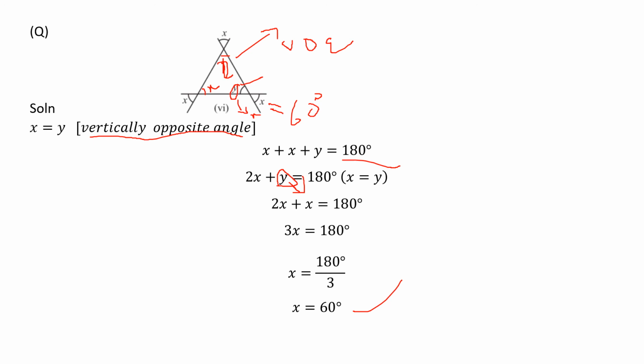Okay, children. So the remaining problems we'll be seeing in the next section. Now we have covered almost all the topics in this chapter; only one topic is left over. That topic we will be seeing in the next section.